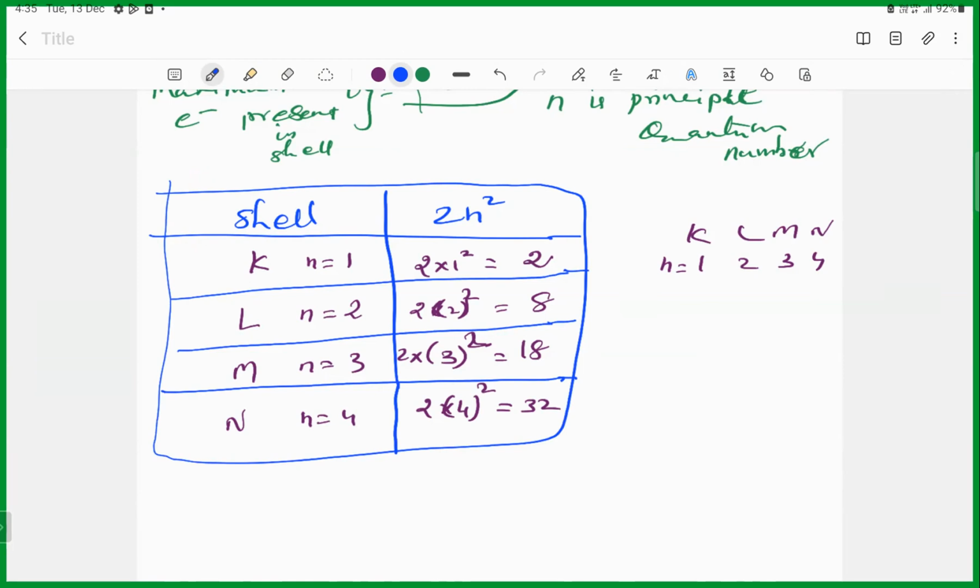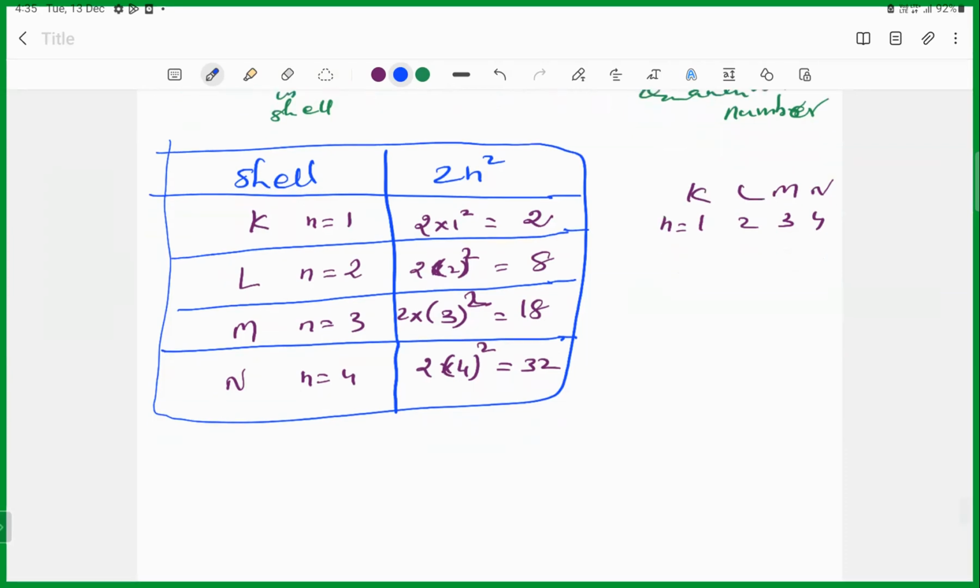When you are arranging electrons in the shells, you should know about the quantum numbers. The quantum numbers give the address of electrons: where the electron is present, what the energy of the electron is, how many electrons are in a particular orbital, and whether the spin is opposite or parallel. Everything you can calculate by using the quantum numbers.